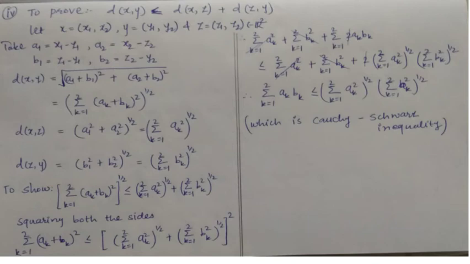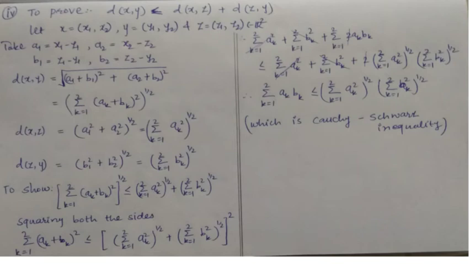So dxy is equal to square root of (a1 plus b1) whole square plus (a2 plus b2) whole square. If I write it in terms of summation, it can be written as summation over k equal to 1 to 2 in bracket (ak plus bk) whole square, whole to the power 1 half. Right, if I put k equal to 1, I get one term, and k equal to 2, I get the second term.